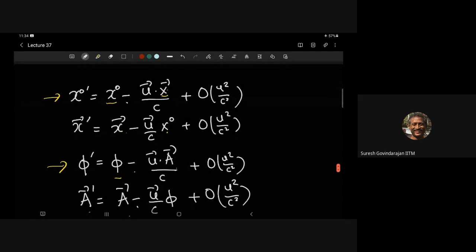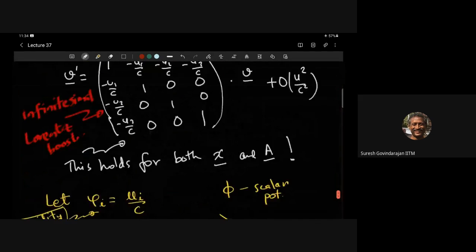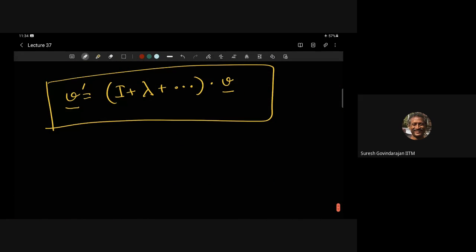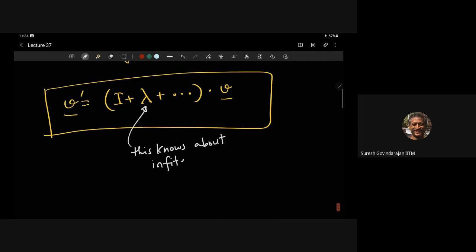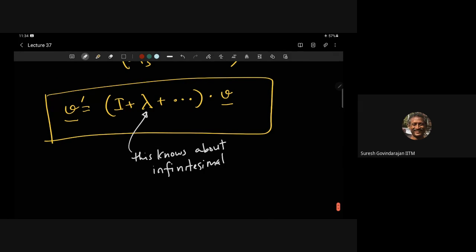With all these definitions, at the end of the day, it takes this nice form. In some sense, lambda knows about infinitesimal. If lambda is 0, it becomes identity, so V prime will be V. Maybe these terms you can think of as order lambda square if you wish.